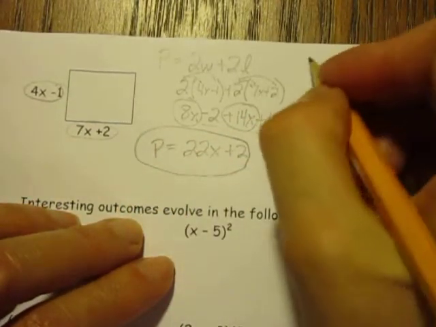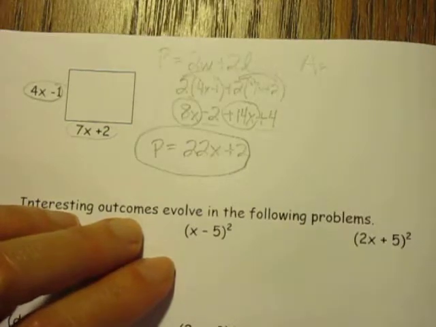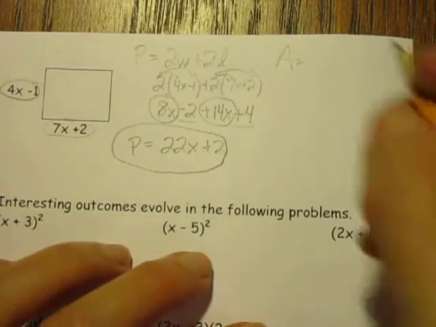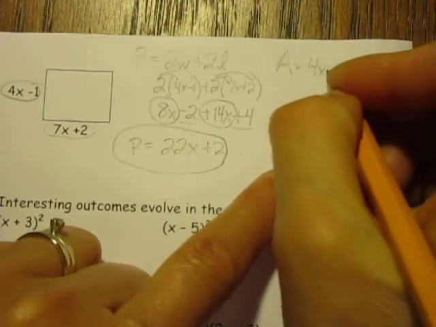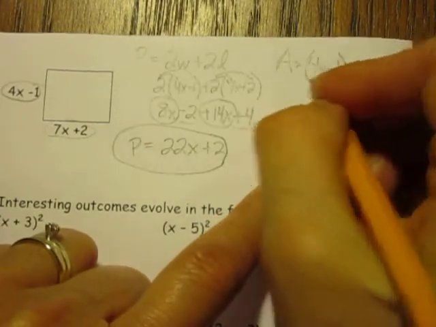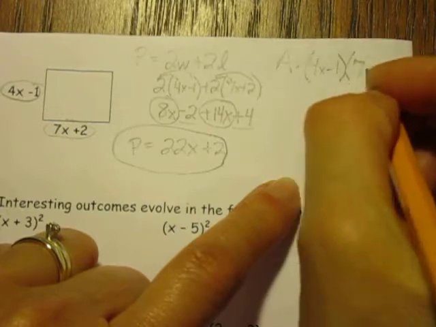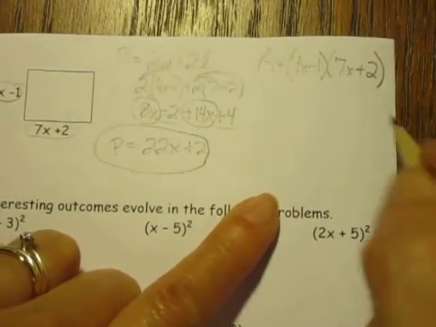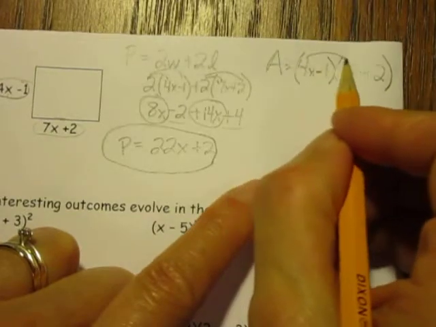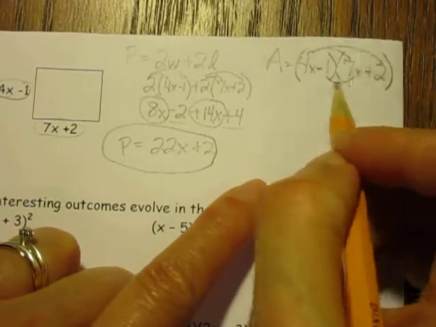When I go to find the area, what I'm doing there is I'm saying my area, the length times the width, would be 4x minus 1 times 7x plus 2. So I could go ahead and recognize that I'm going to have to do my rainbows and scoops again.